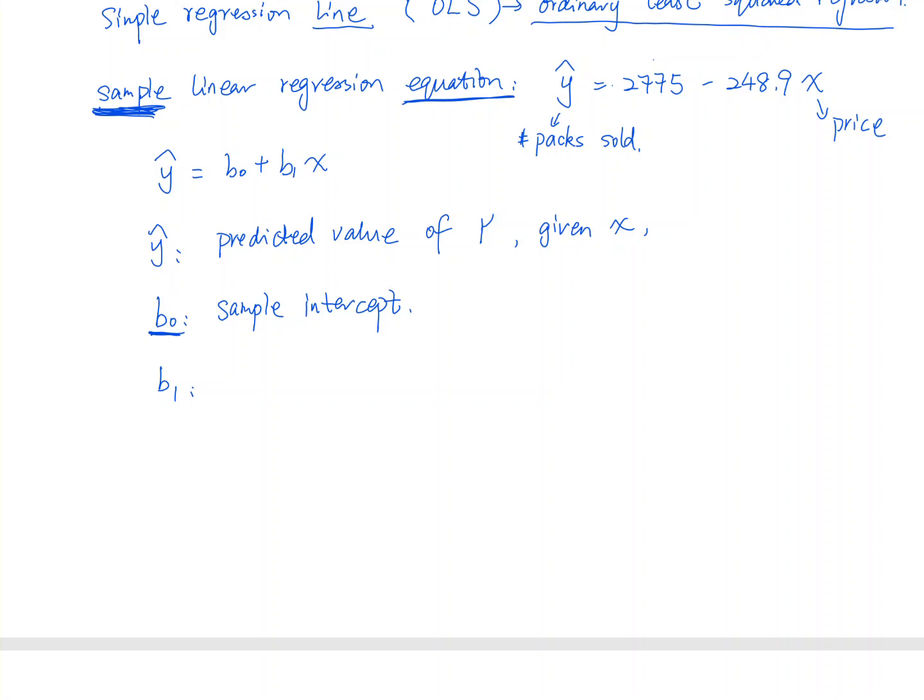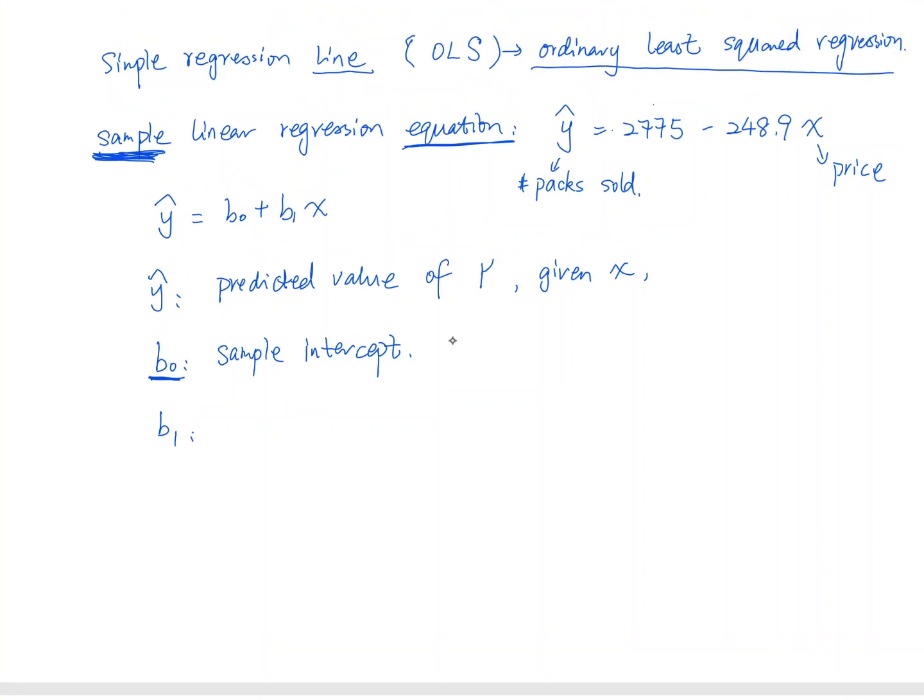What does this b0 mean? It means when x equals 0, that means this whole term will be gone, right? So then b0 is just the predicted value for y. So we say when x equals 0, the predicted value of y will just equal our intercept, right?